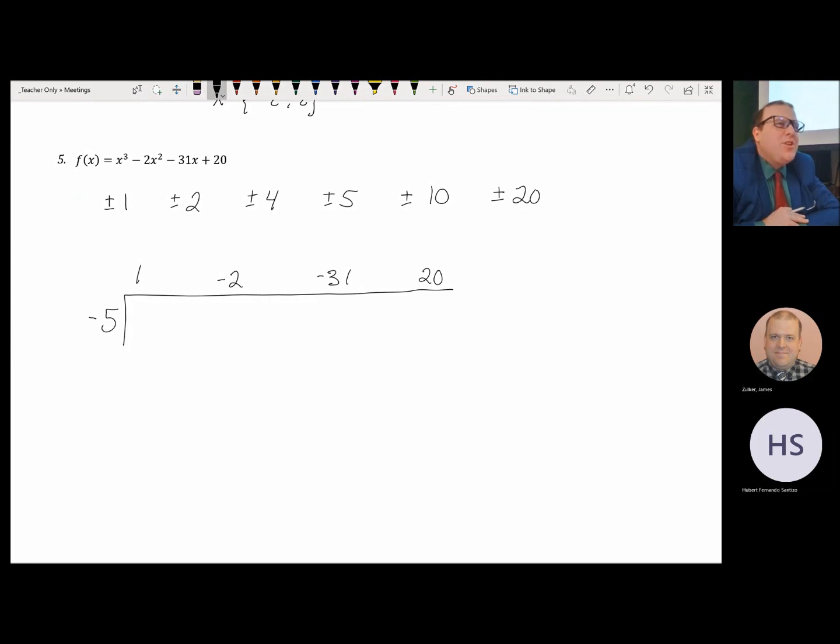The leading coefficient is 1, so the only good news is the possible zeros are factors of the constant. I'm going to start with -5 and check it: 1 times -5 cubed, minus 2 times -5 squared, minus 31 times -5, plus 20. It was so obvious -5 was a 0.